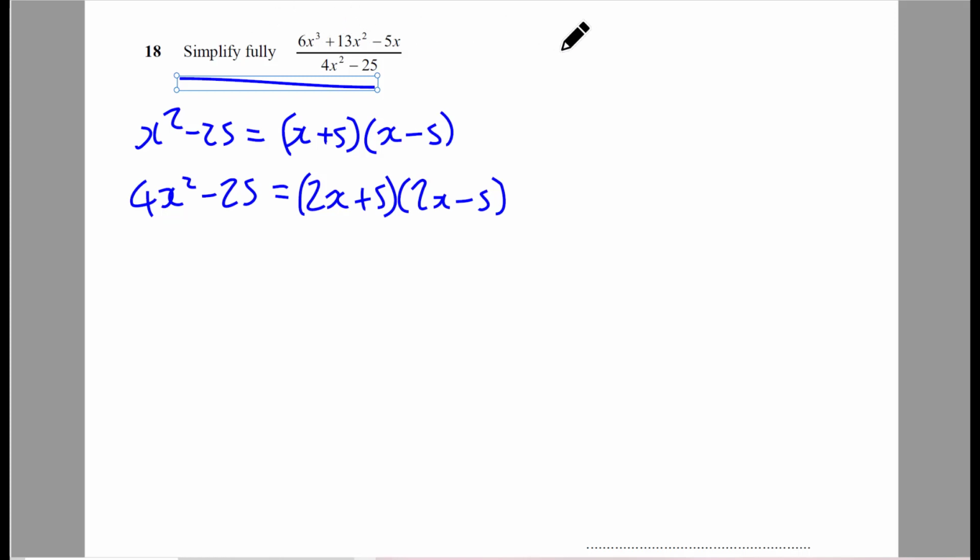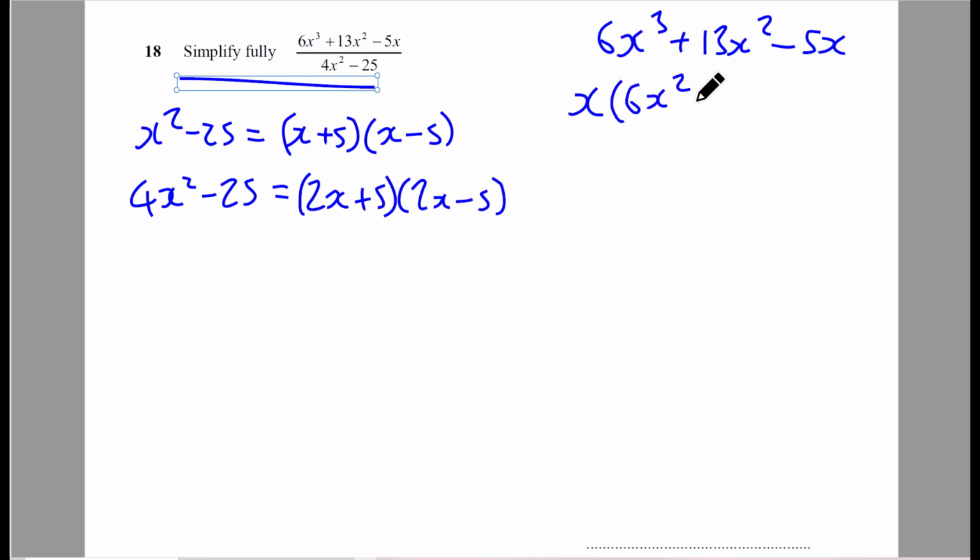Now be careful, this top half says 6x cubed plus 13x squared minus 5x. Now you might be thinking, oh my god, what do I do here? But can you see each term has got x? So let's just take x out. So that means this will become 6x squared plus 13x minus 5.